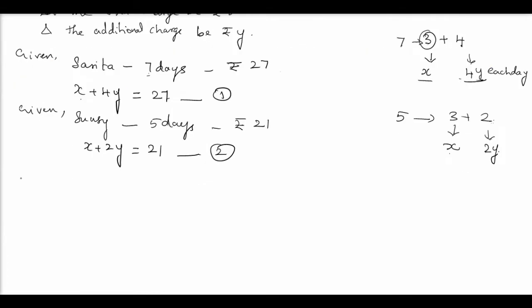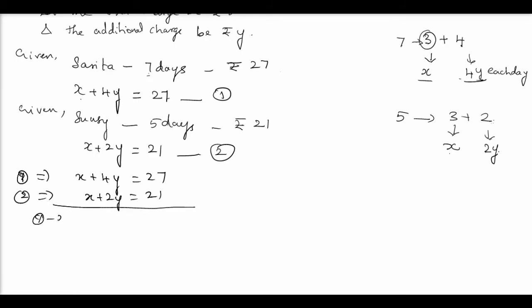Now let's solve them. Here again the coefficients are same. So let me take the equations as it is. X plus 4Y equal 27. And the second equation is X plus 2Y equal 21. So subtracting them we get 2Y equals 6, that is Y equal 3.